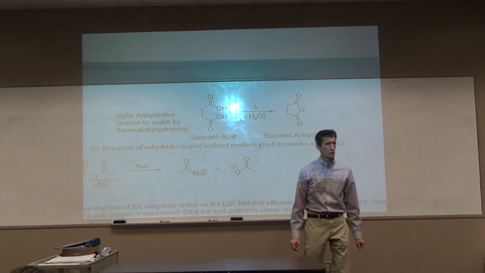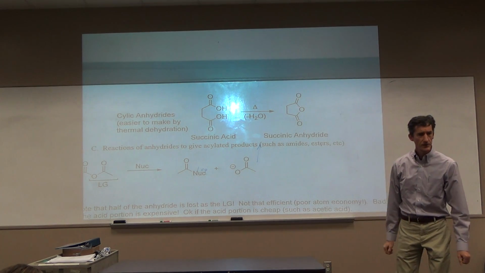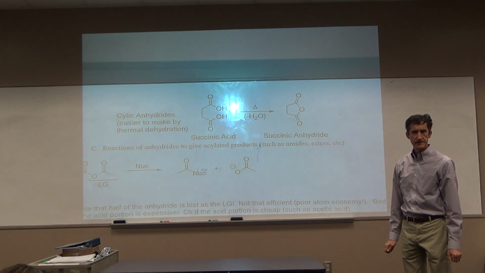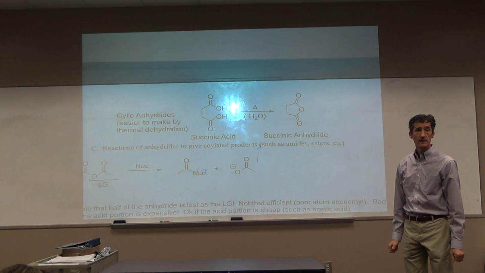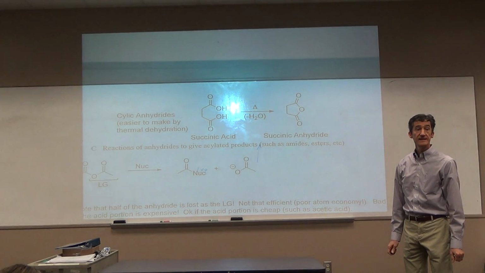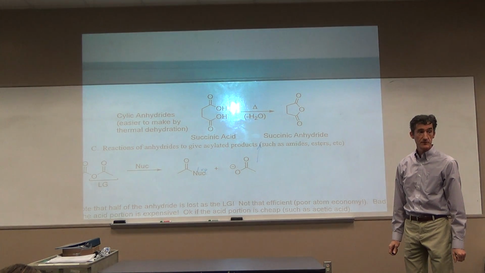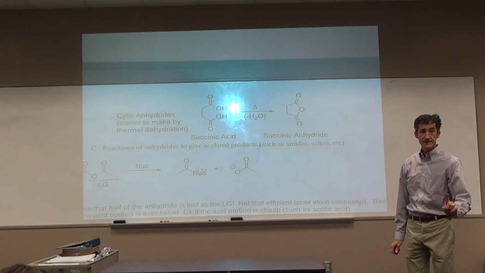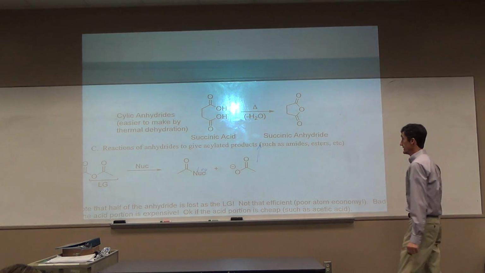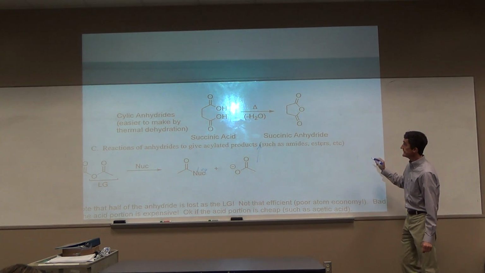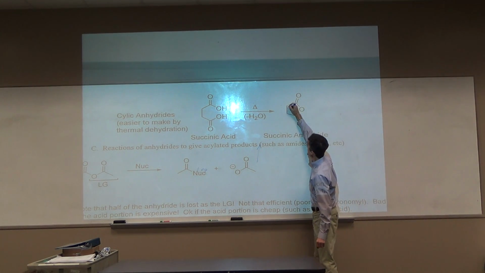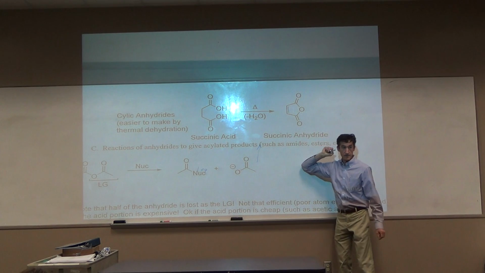Did we do Diels-Alder in organic 1? What did we use? We used a diene. We generated a diene from butadiene sulfone. What did we react it with? Maleic anhydride. Remember that? Look back. Maleic anhydride, it just has a double bond in the ring.